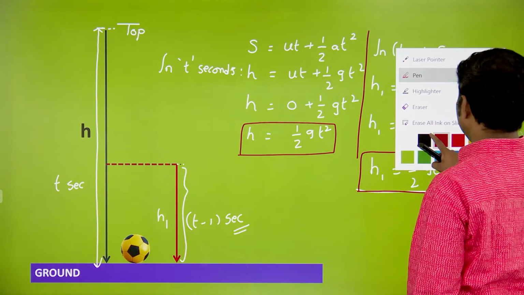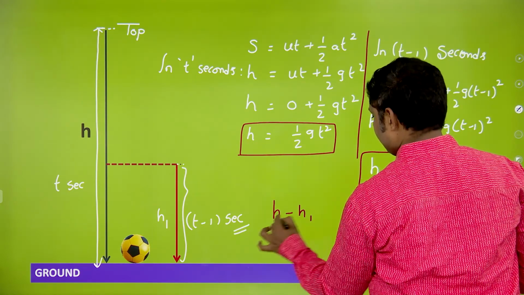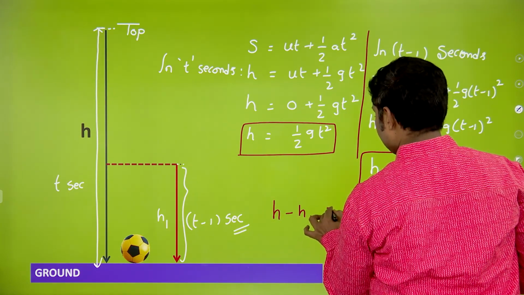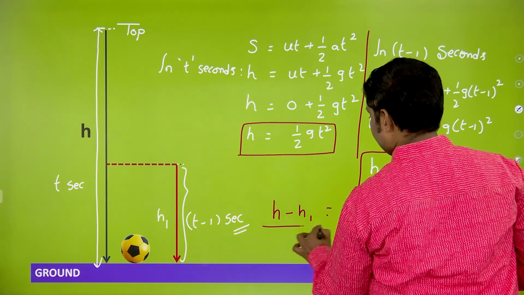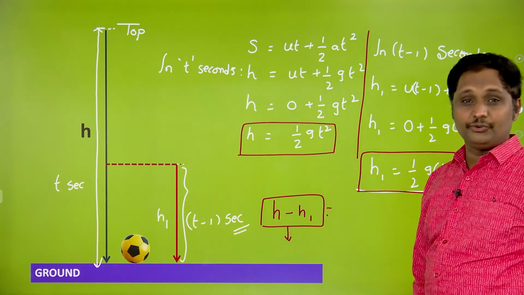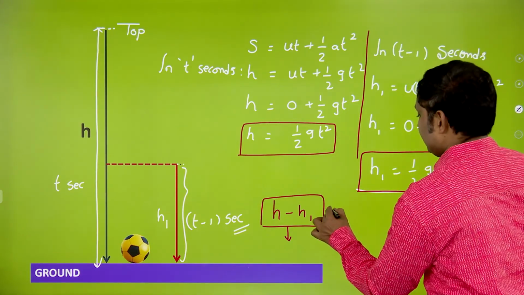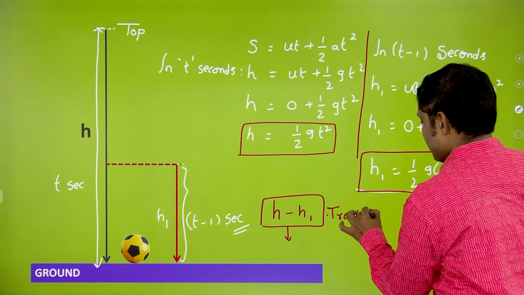This is very clear. You would like to go for h minus h1 is equal to that, which represents the distance travelled in the last 1 second.